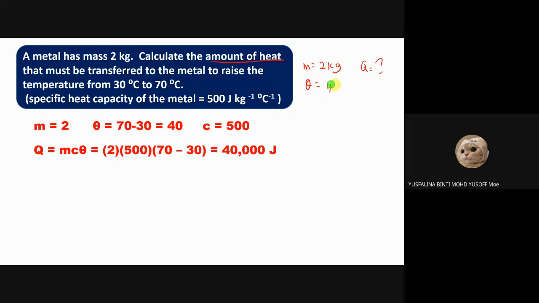And then C is 500 joule. Next you use the formula MC theta. M is 2, C is 500, theta is 40. So you will get 40,000 joule. So that's how you want to use the formula.